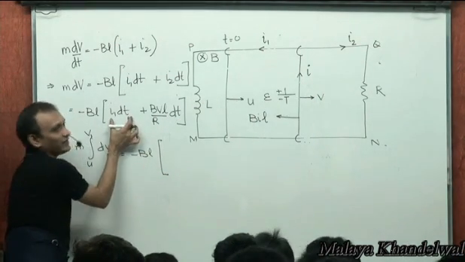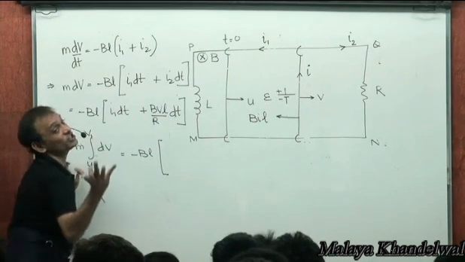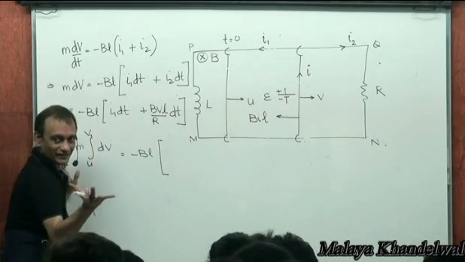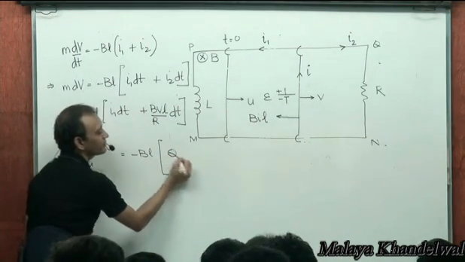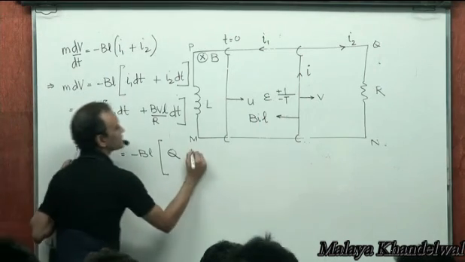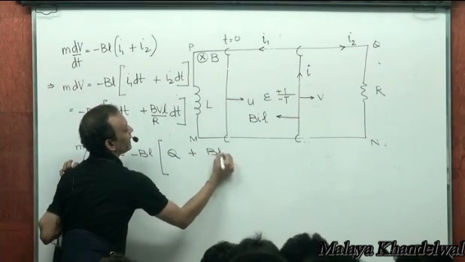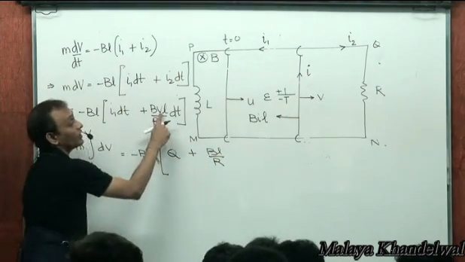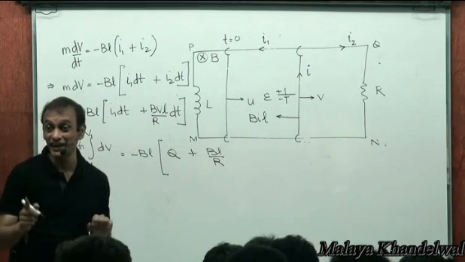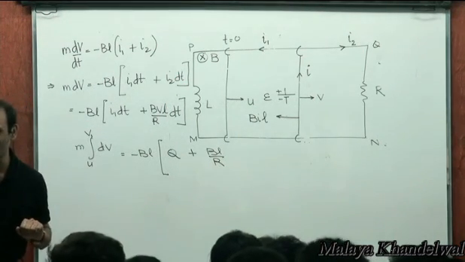I1 is a function of time, and when I integrate I1 dt, I'll get the charge q flowing through the inductor till that time, plus BL by R times the integral of v dt. If I integrate v dt, I get the displacement of the connector, yes or no?